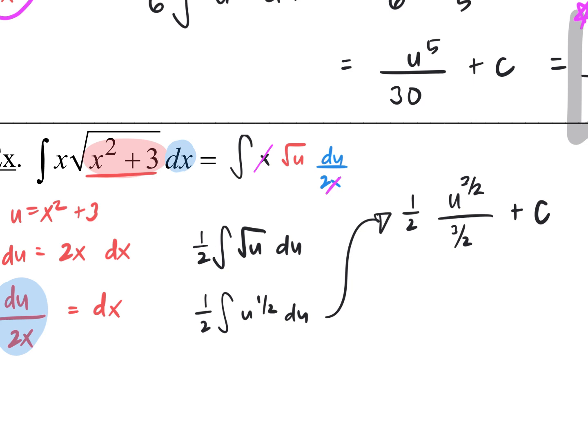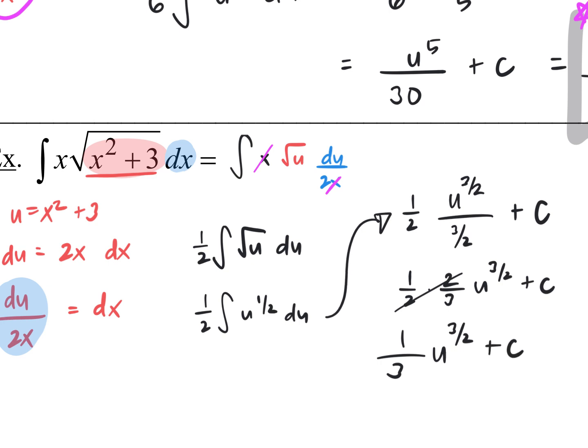Now let's simplify this fraction mess here. This is technically 1/2 times 2/3 times u to the 3/2 power plus c. Or my 2's go away, and I'm left with 1/3 u to the 3/2 plus c.